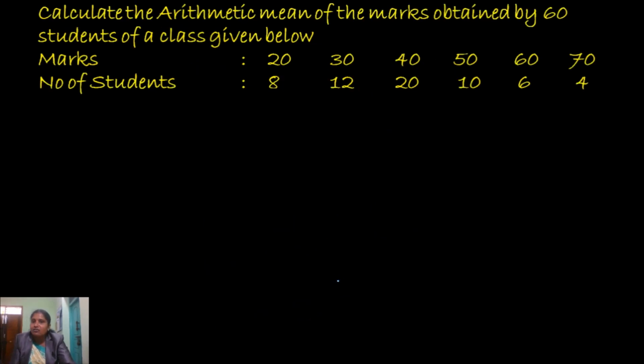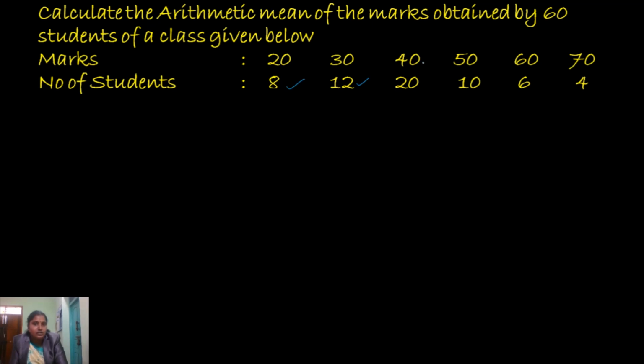Let's now calculate the arithmetic mean of marks obtained by 60 students of a class given below. Here the marks and number of students are given. 20, 30, 40, 50, 60 and 70 are the marks given for the students. The number of students who scored 20 marks is 8. The number who scored 30 marks is 12 students.